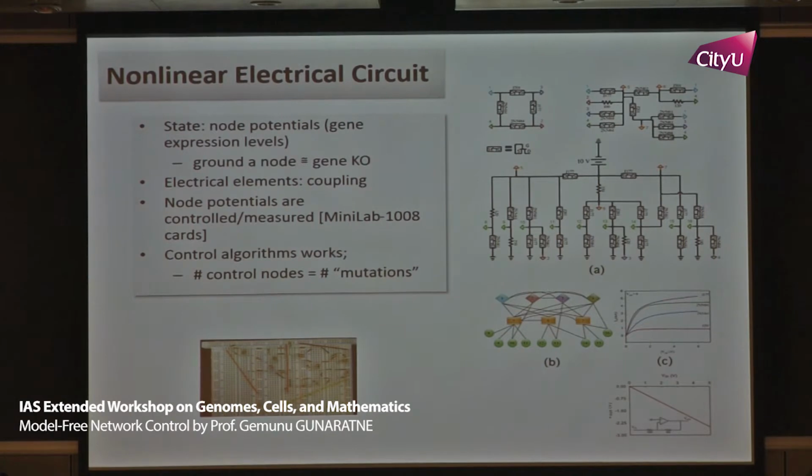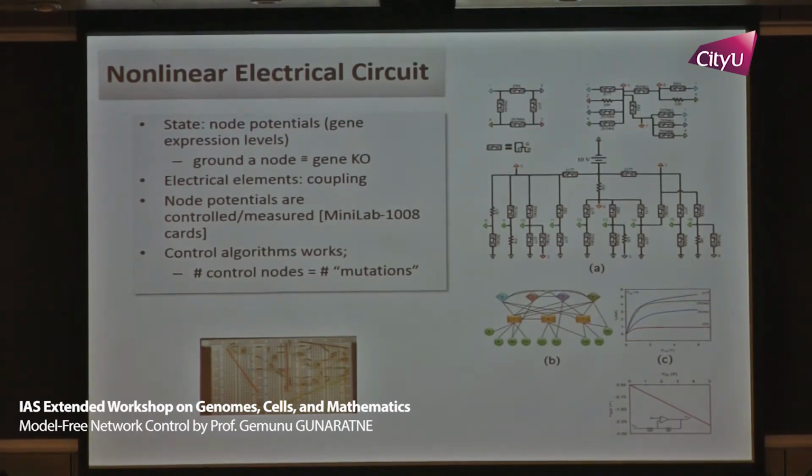There are 4 top level nodes controlling, 3 nodes in the next level and several nodes at the next level. So there are 2 levels of control. That's what we built it to be. Each of these has an IV characteristic, the current versus potential of these transistors. There were 4 different transistors that we used, and they were like that.